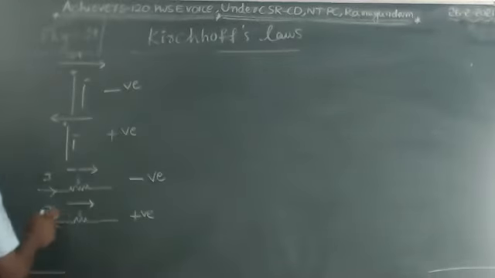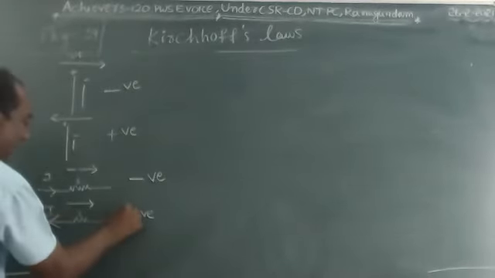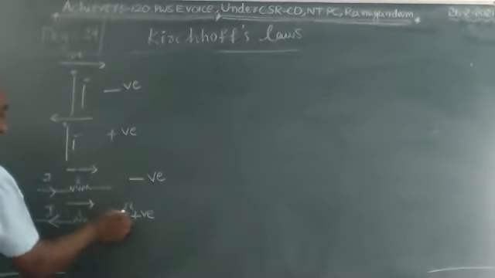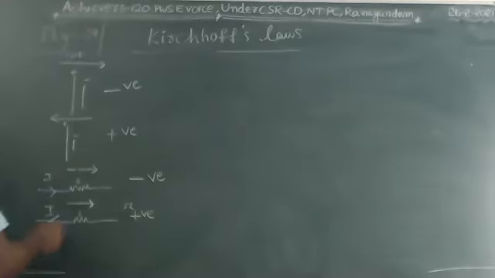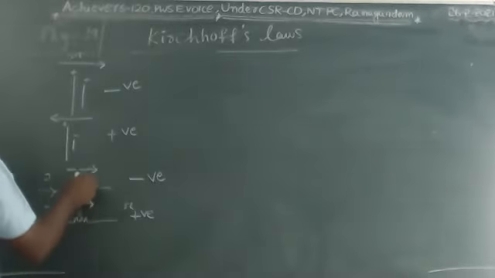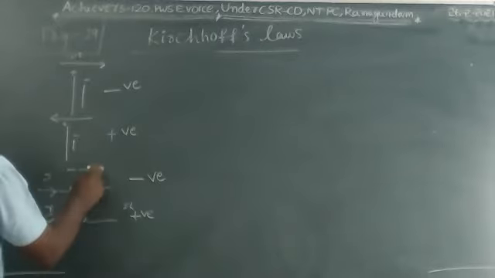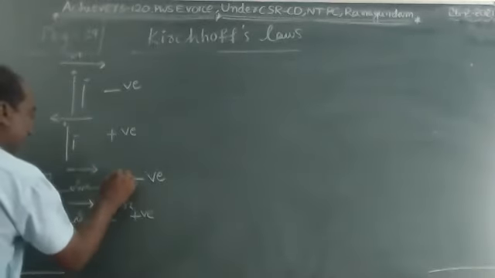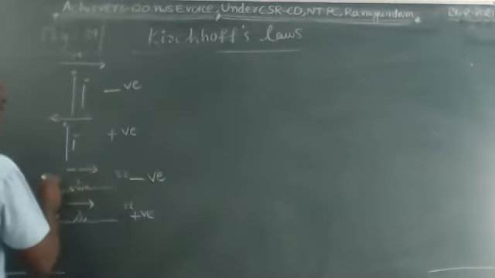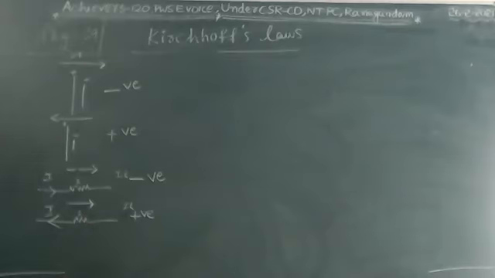V is equal to I into R. When the potential difference direction and the current direction are the same, then across the component this IR value, V equals I into R, is taken as a negative.